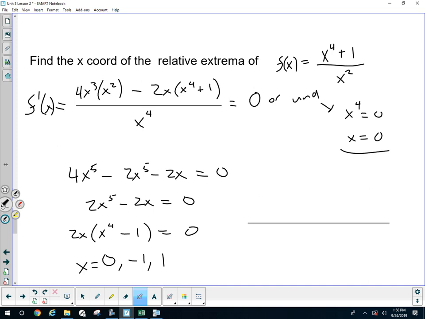If I do the sign analysis, understanding we have a 0 here, but understanding that I'd have a denominator that equals 0 here, okay, it's important to write those down.